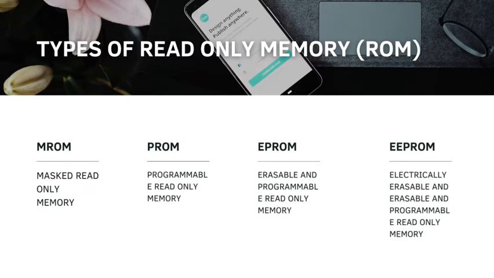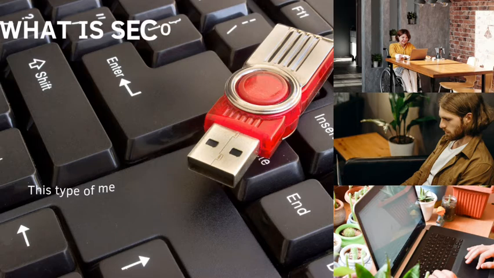You have the EEPROM, known as electrically erasable and programmable read-only memory. All these are the types of ROM, and all these ROMs have information stored in them permanently.